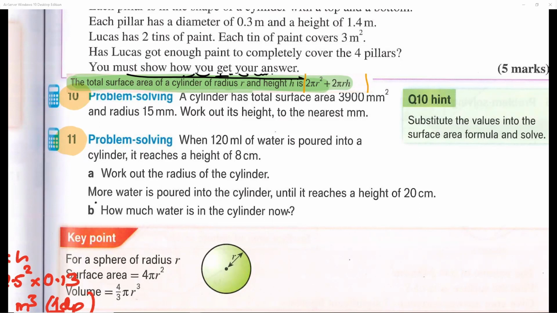Anybody got the height for number 10? No. I got 5.